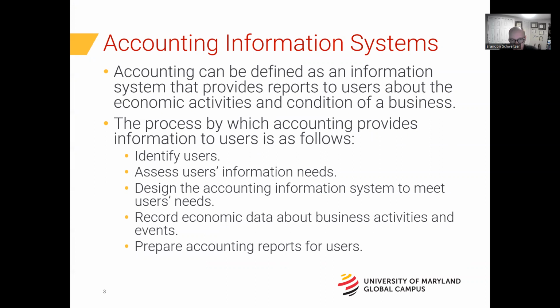And the accounting information system provides a record of economic data about the business, activities and events. Essentially what that means is the system is recording transactions from the business and providing reports based off of those transactions. And those reports are prepared for the end users, the people who need to see that information.